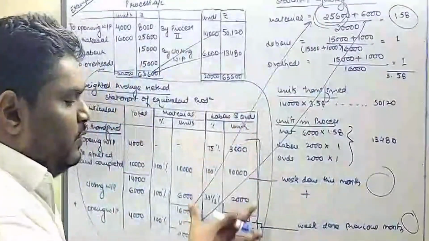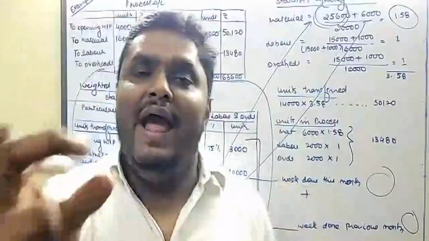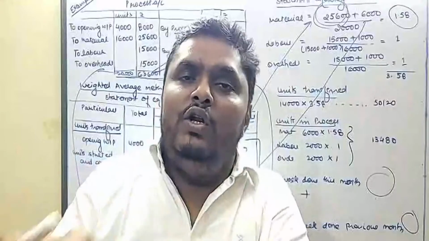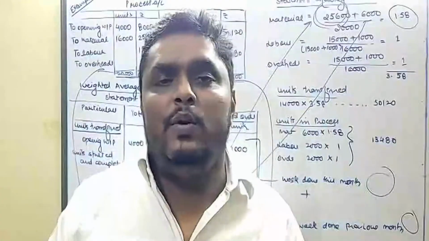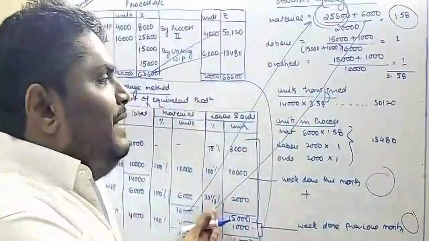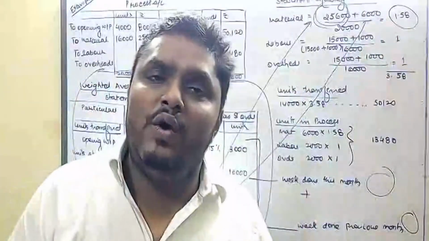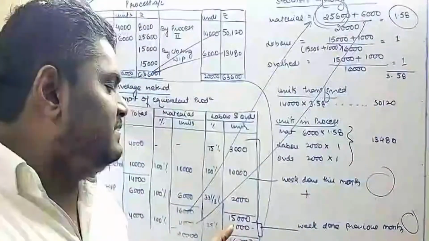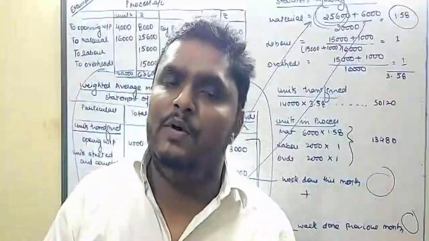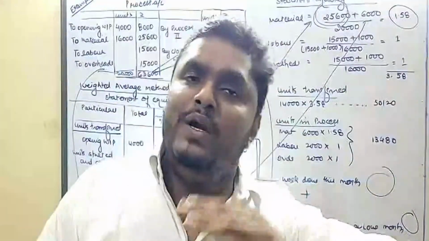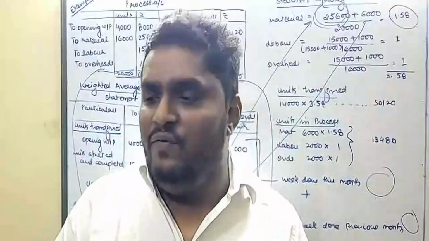No need to solve using FIFO method and then add the work that has been completed previous year. The way I taught you, follow that approach only. This is just for your better understanding that why we are adding these costs to calculate the cost per unit. So this is just for your understanding, but don't follow this approach. कुछ ना कुछ आप गड़बड़ कर देंगे एग्जाम में. So follow the approach what I have discussed previously in respect of weighted average method.